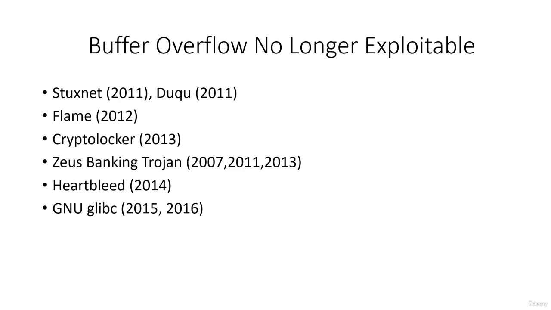Although Zeus relies on social engineering to infect the system, once installed it uses known buffer overflow flaws in Adobe products and Microsoft ActiveX to steal our bank credentials and usernames and perform key logging on user input. The 2011 and 2013 variants of Zeus continue to exploit buffer overflow vulnerabilities when possible.